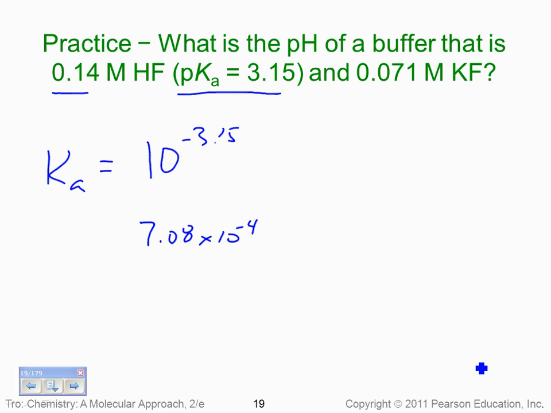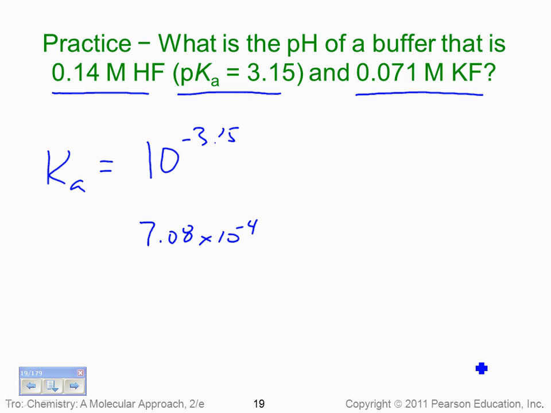Then the other difference is that the concentration of the acid is different than the concentration of the conjugate base. So this time we do not have equal amounts. That's going to change the pH, and it also modifies your calculation slightly. But it is still true that the final pH, and remember this is my personal check, is still going to be somewhere near the 3.15 pKa.